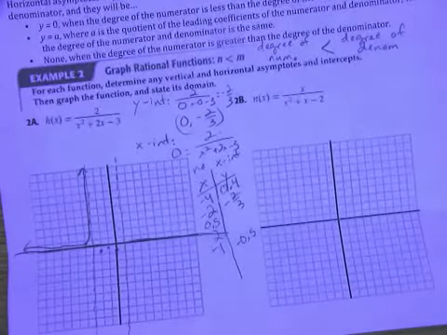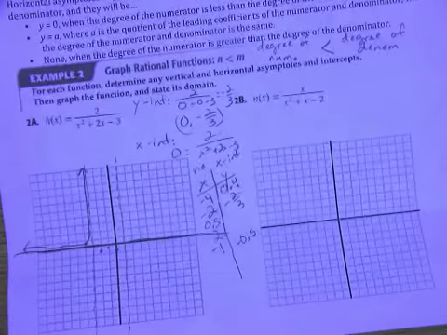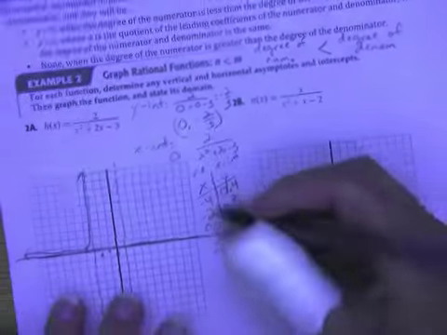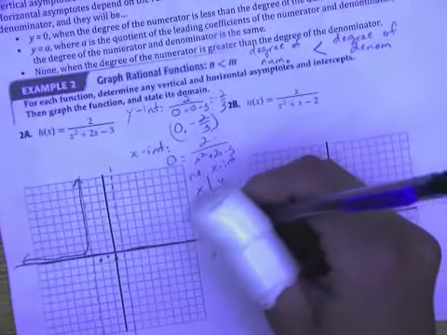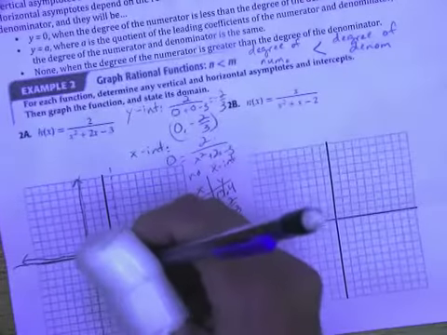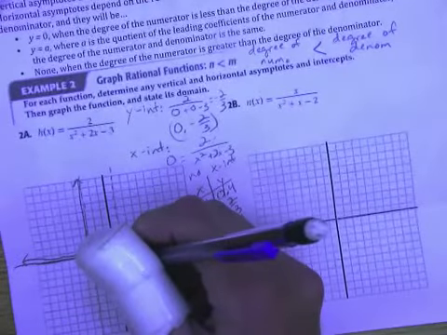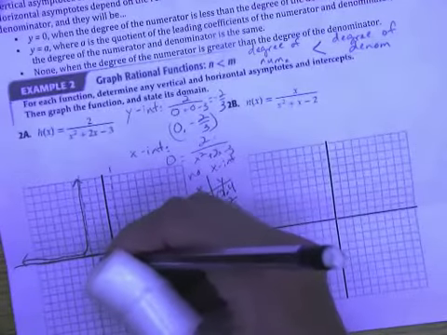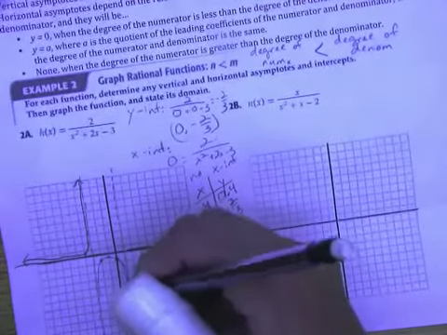But let's verify. So 0.5 squared, 1 minus 3, so that is approximately -1.1. So as suspected, my graph is doing this kind of a thing.